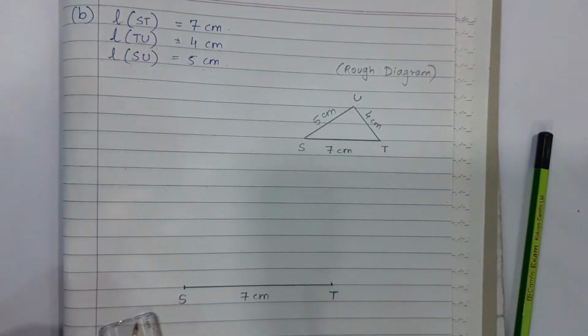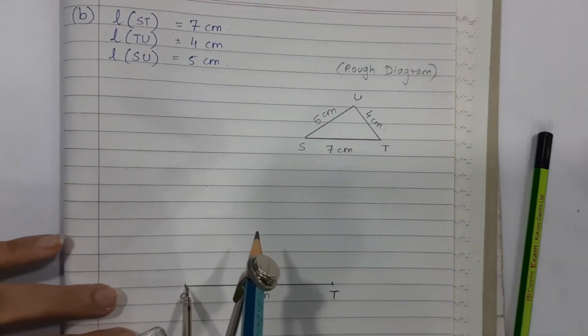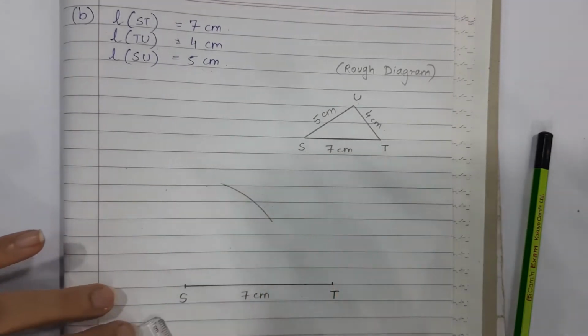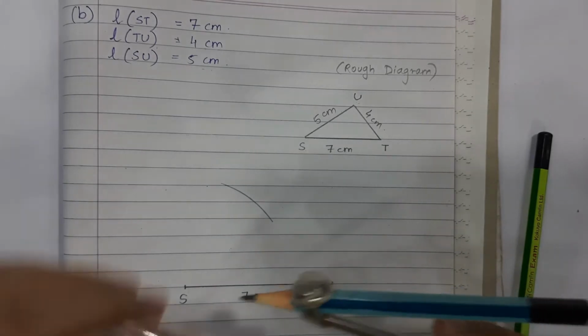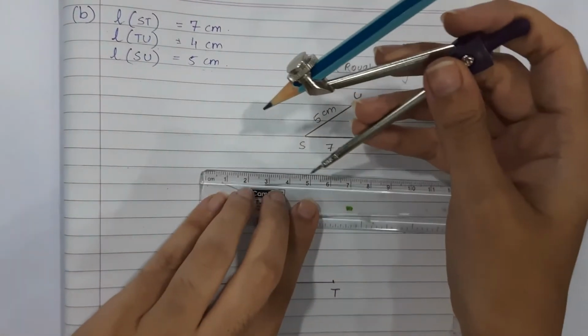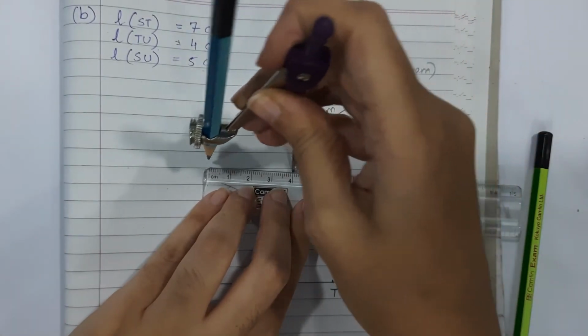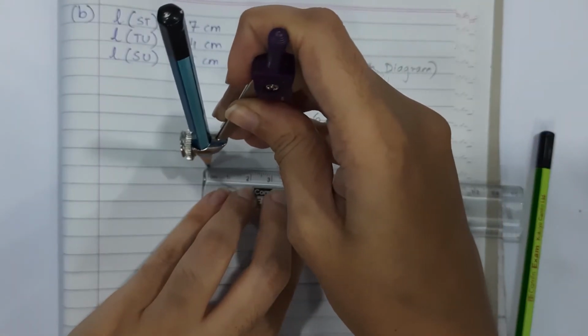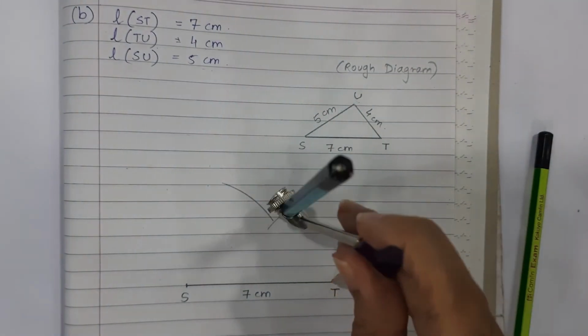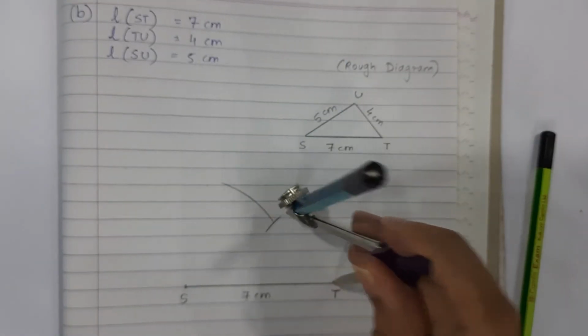Okay, once we take that, I am going to place the pointed tip on point S and make an arc out of it. Similarly, the other side, TU, is 4 centimeter. So I'm going to take 4 centimeter on the scale and then again make an arc, placing the compass on point T.